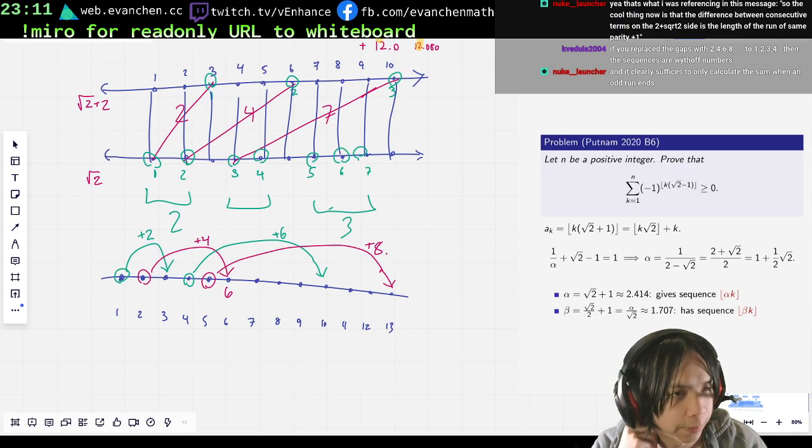If you replace the gaps with 2, 4, 6, 8 by 1, 2, 3, 4, then the sequences are Wythoff numbers.